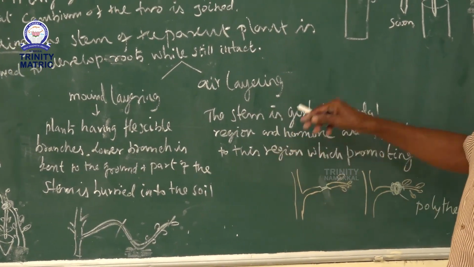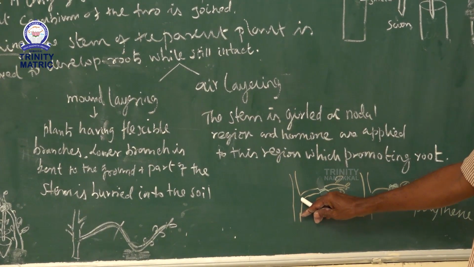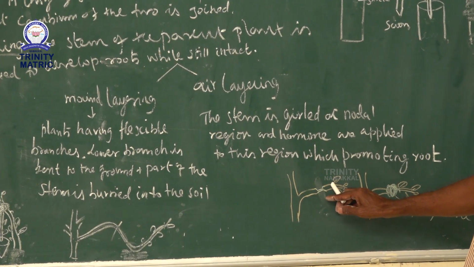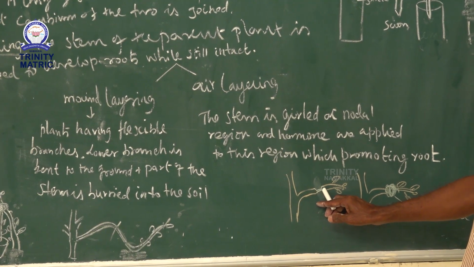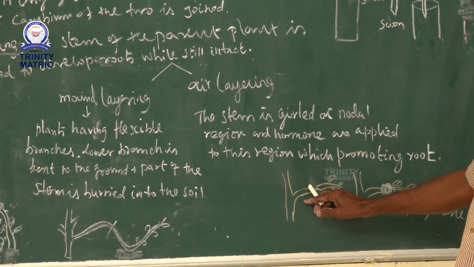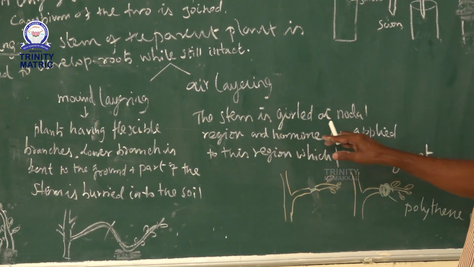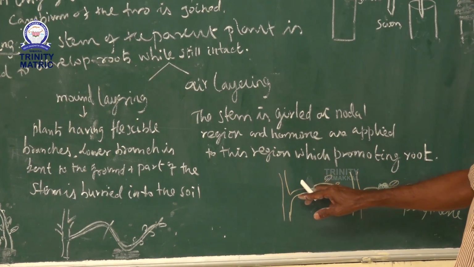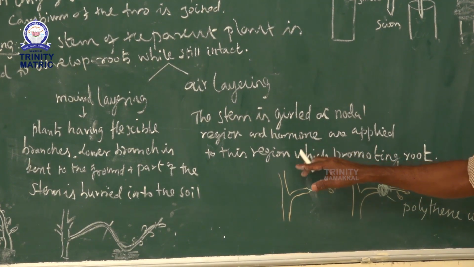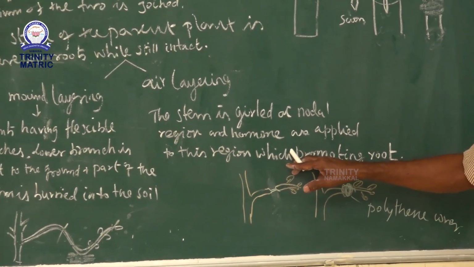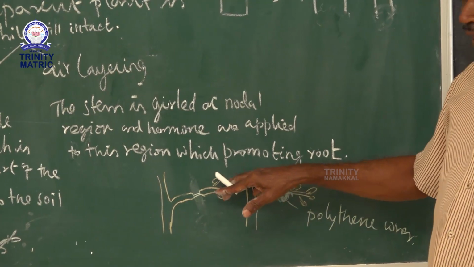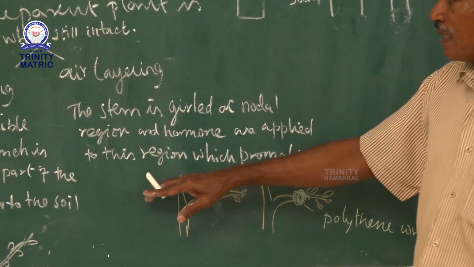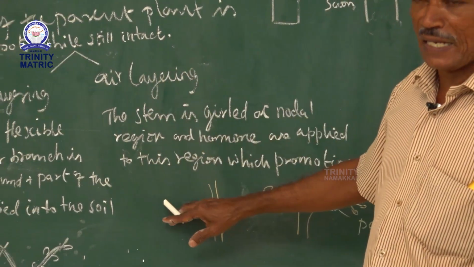And air layering means when the desired branch is girdled, or the bark of the branch is removed at the nodal region, and some hormones are applied in this region. That hormone helps to promote rooting in this region and it develops into a new plant. So this is called air layering.